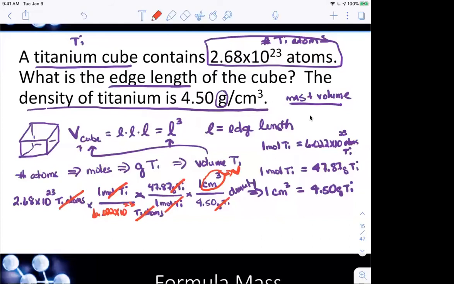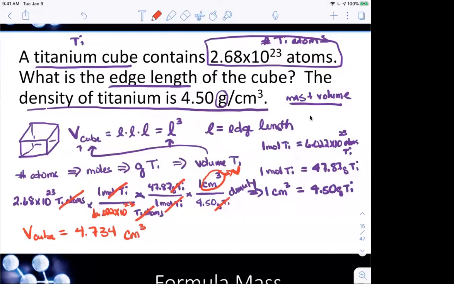Now, I have to go divided by 4.50 to get the right answer. So this answer is the volume of the cube, which is equal to 4.734 centimeters cubed.